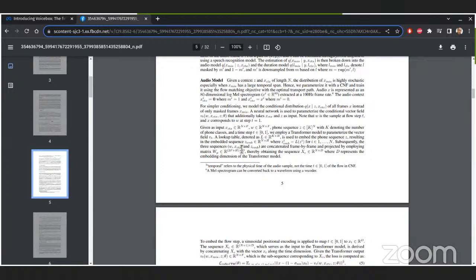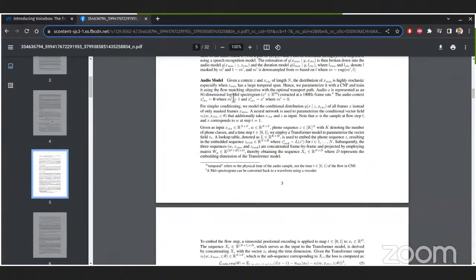The input is an 80-dimensional Mel spectrogram, and they employ a transformer to model the conditional distribution for all the frames. And then they use an embedding and concatenate it with the audio and context inputs. And this is also to apply a positional encoding for the flow step.